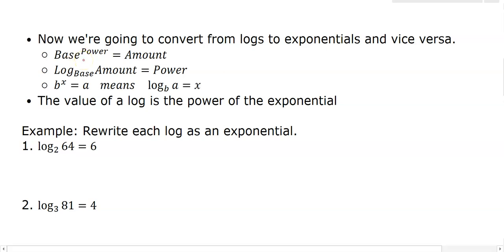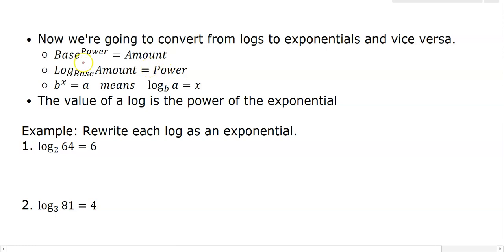To rewrite it as a log function, you always have that word log. Your base, the number that you're raising to a power, becomes that subscript. The amount becomes what's before the equal sign instead of after, and then you have it equal to your power, or your exponent.